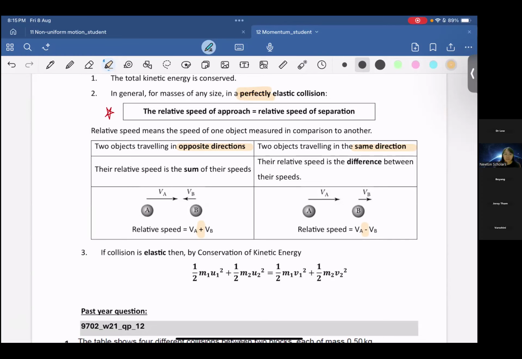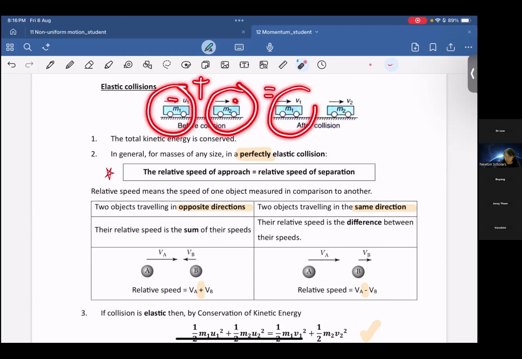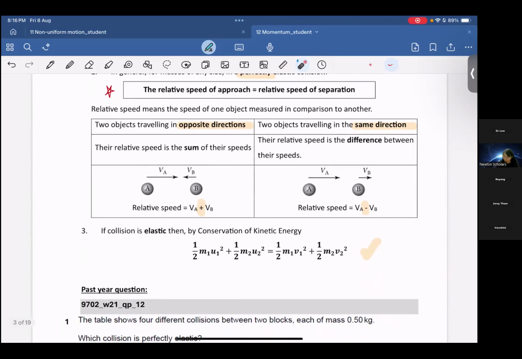Okay? Then if it is elastic, we fulfill the conservation of kinetic energy. So the kinetic energy before, 1/2 m1 u1 squared plus 1/2 m2 u2 squared, these two kinetic energies added up together equal this kinetic energy plus this kinetic energy.